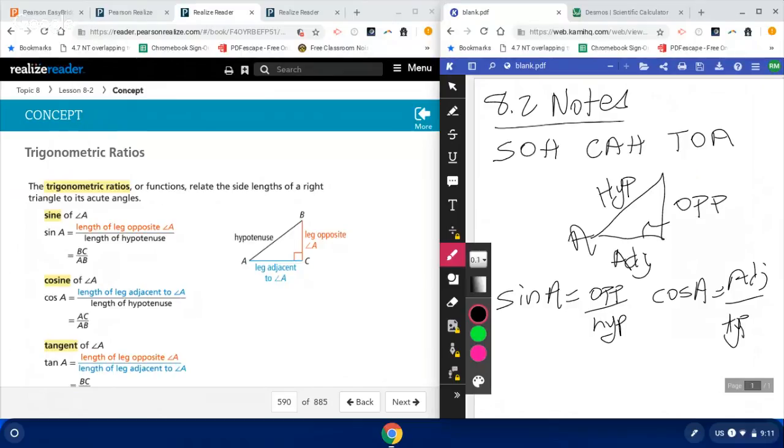And finally, tangent of the angle equals opposite over adjacent. You have to have those memorized. It sounds like from what we talked about the other day that you might actually have those memorized. So let's look at some of what they want us to do with this.